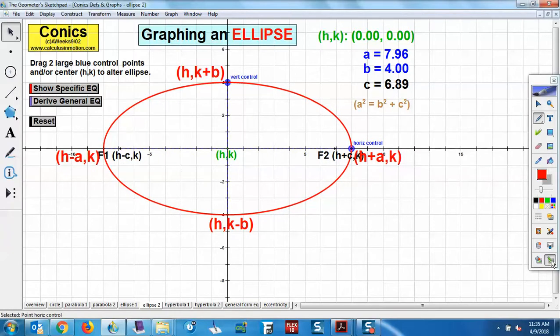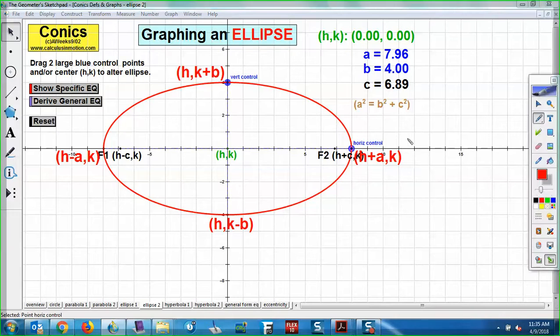So this distance, so in your notes here, and again, you can see it on the gold sheet too, this distance from here to the focus is C. Now remember we had P on a parabola. P was that distance from, it wasn't the center, it was the vertex to the focus.